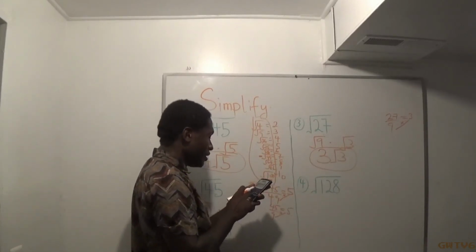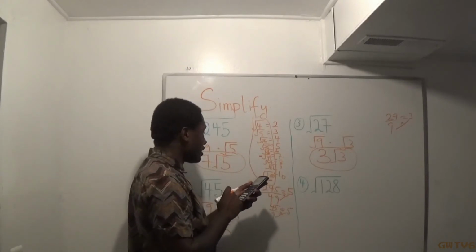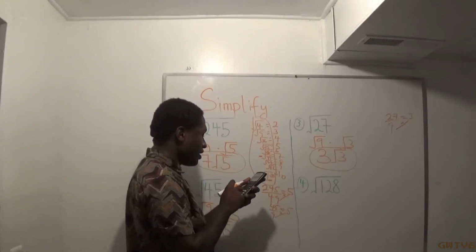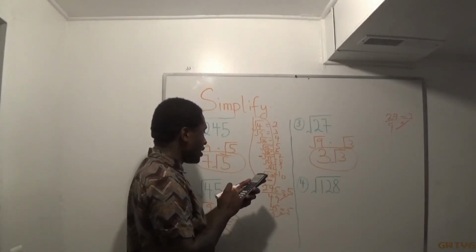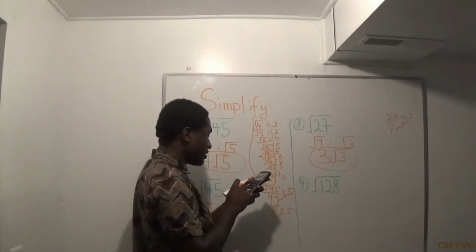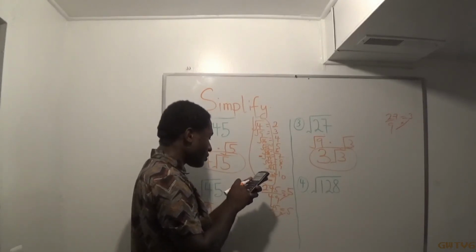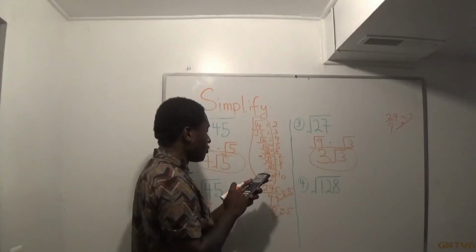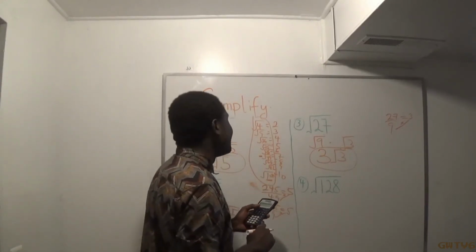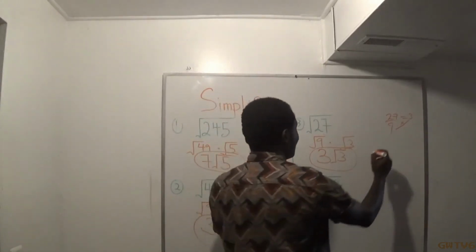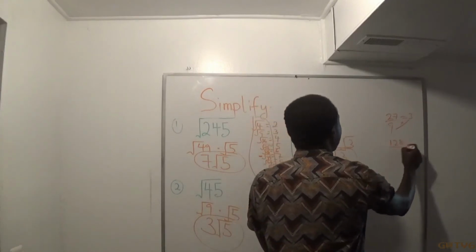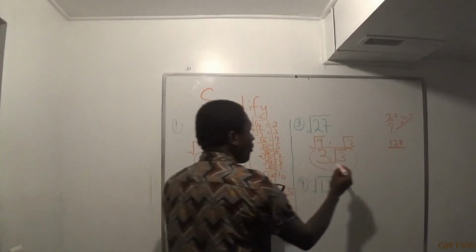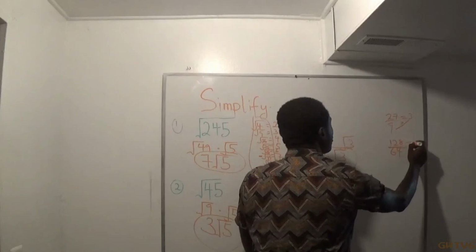128 divided by 100, that gave me a decimal. 128 divided by 81, that gave me a decimal. 128 divided by 64, that is a 2. So when I got to 128 divided by the perfect square 64, I got 2.